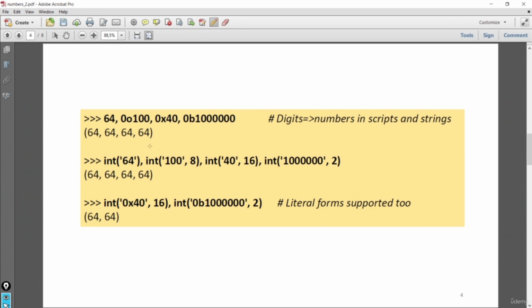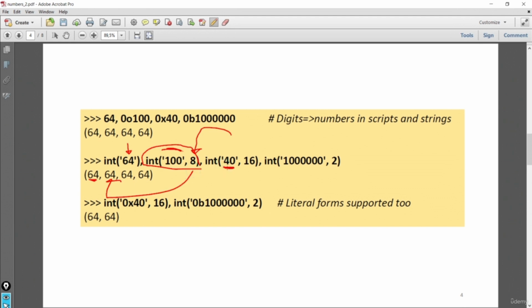Conversion can also be performed using integer casting. Okay, here we have a decimal number, so the result is decimal. Here we have an octal number, base is 8, base information is provided after the comma, and the conversion result is 64.